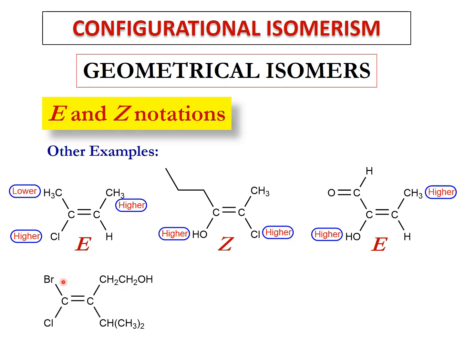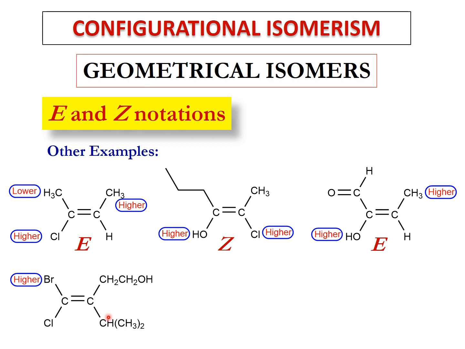Here we have a bromine and chlorine attached to this carbon. So bromine has a higher priority, and on the right hand side we have some groups attached. So we have a carbon here, a carbon here as well. So carbons cannot decide the priority, so we check the atoms that are directly attached. So this carbon has a hydrogen, this carbon also has a hydrogen.